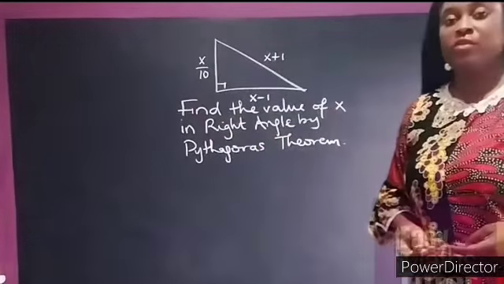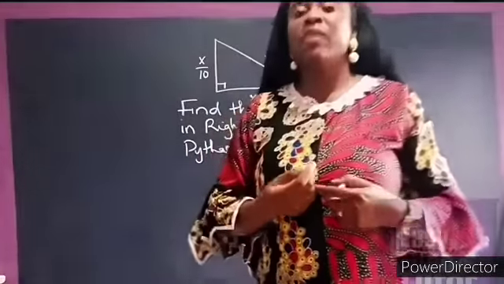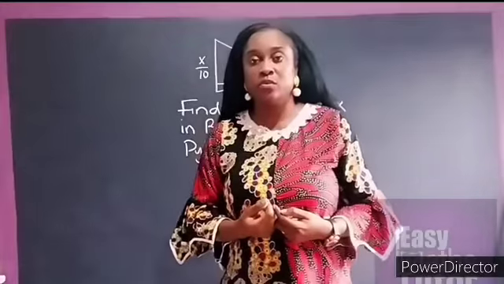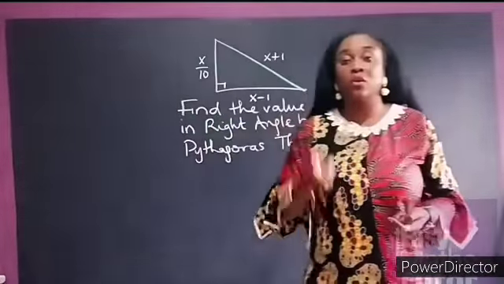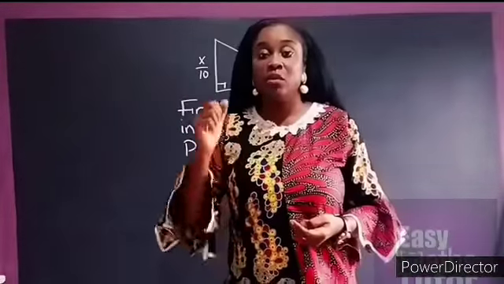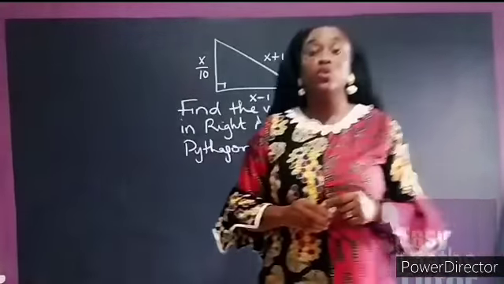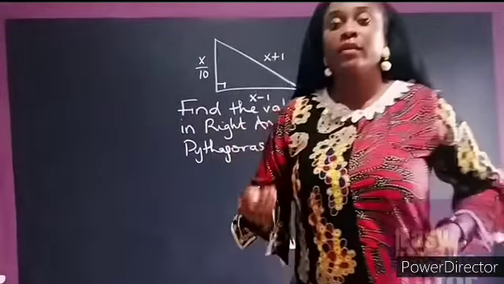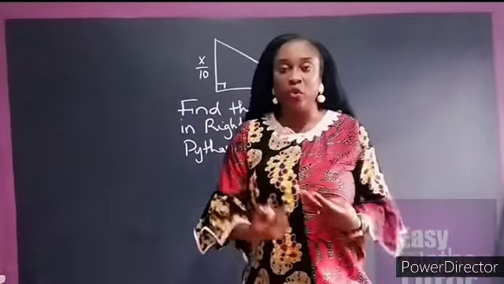So our question today is, find the value of x in the right angle triangle by Pythagoras Theorem. So we all know what a right angle triangle is. If you want to know, go and check my video on triangles, alright? So the right angle triangle is a triangle in which one side is 90 degrees. So there's a theorem that we use, or a law, that every right angle triangle obeys or follows.